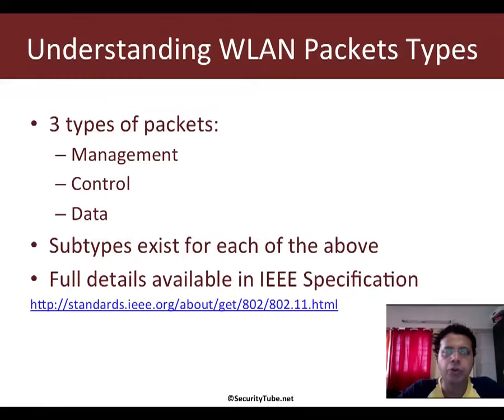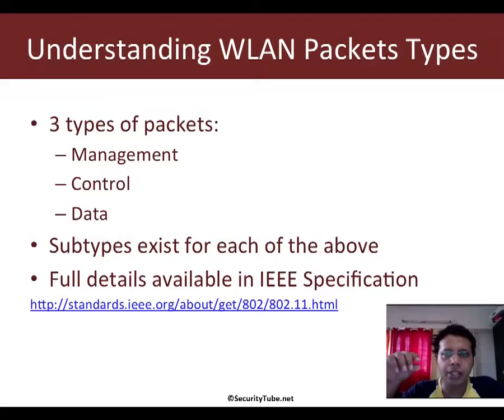Now, before we begin, it's important to understand WLAN packets. Let me draw a quick analogy. If you remember the wired side LAN, then what you typically have is the Ethernet frame, and inside that you would have IP, within which you could have either TCP or UDP, and then of course application layers would follow, right?